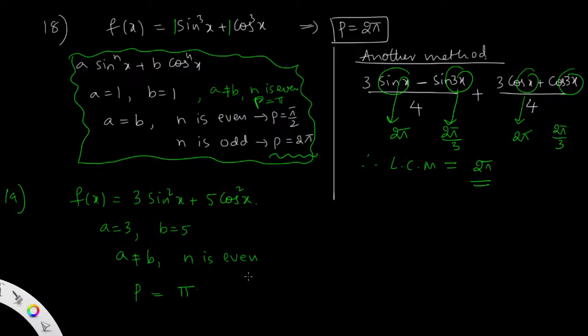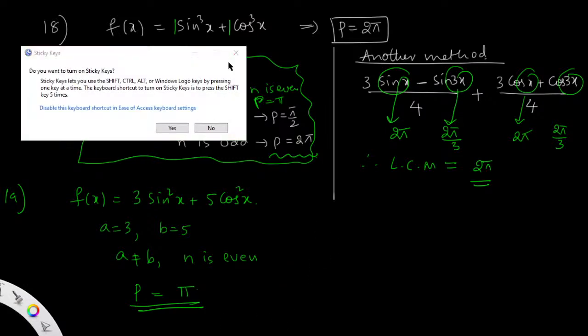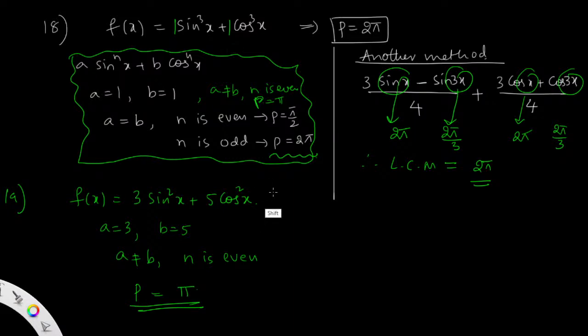In this, a is not equal to b and period P equal to pi. That's all. This is the question, and then go to the next one. If you are not getting it, take the other method. Take the formula, then substitute.